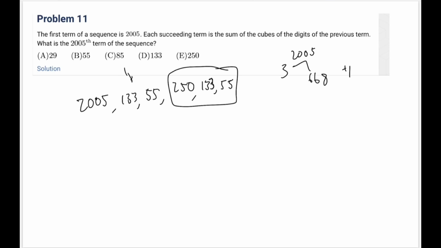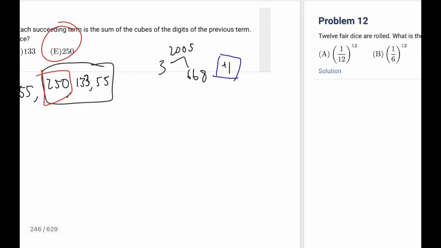And so the 2005th term would be 1, right? So we have 1 as a remainder, so this will be the 2004th term, and then the 2005th term is the next term. The answer is 250, so it's E.